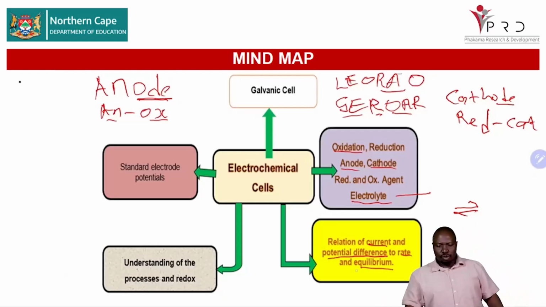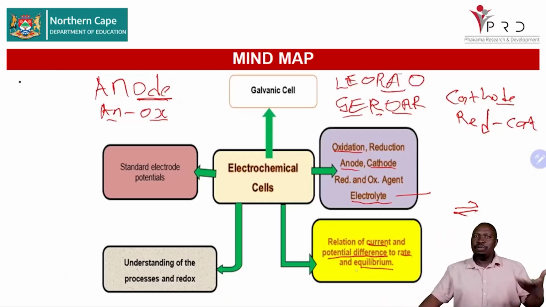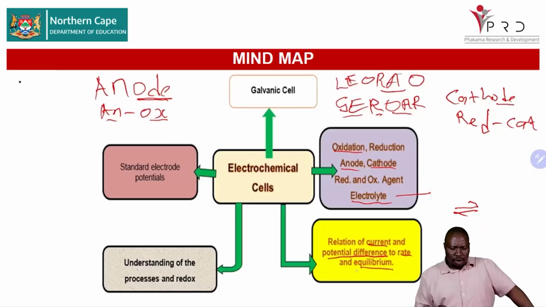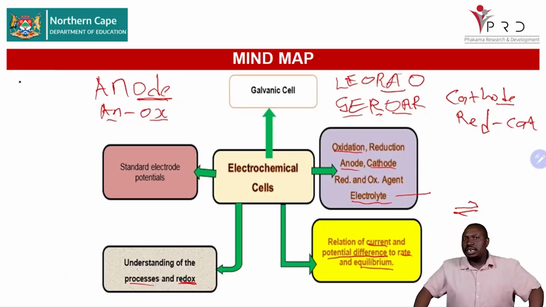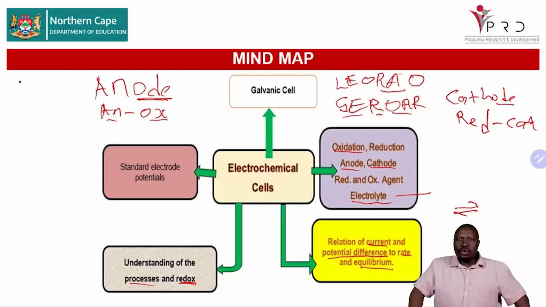Remember, at equilibrium, the EMF of the cell will become zero. And then you must have an understanding of the processes and redox reaction itself, which is mostly what you did in grade 11, where you defined redox reactions as the oxidation reduction reactions that you have done there.